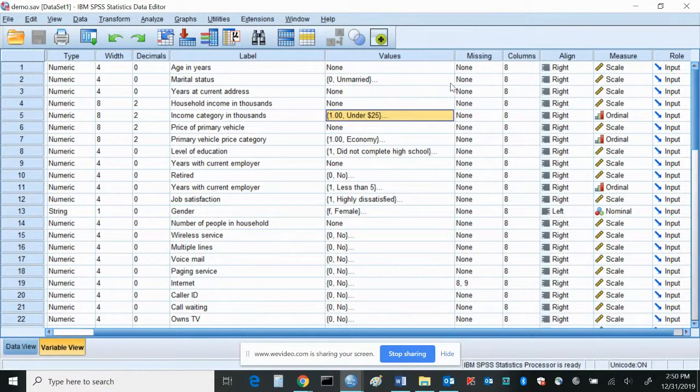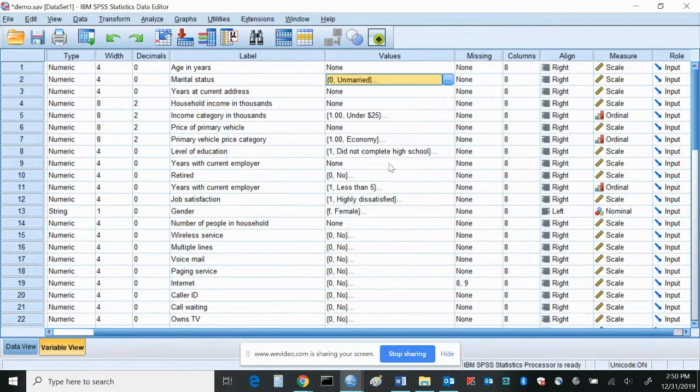So for example, marital status is unmarried and married, so it really is not a scale measure. It's actually a nominal measure. Years at current address, especially when it says none, shows you that it is an interval ratio or scale measure. Household income, price of primary vehicle, that looks correct.